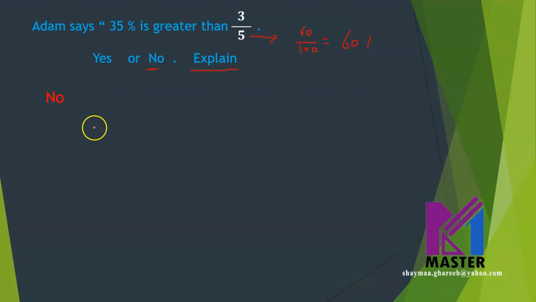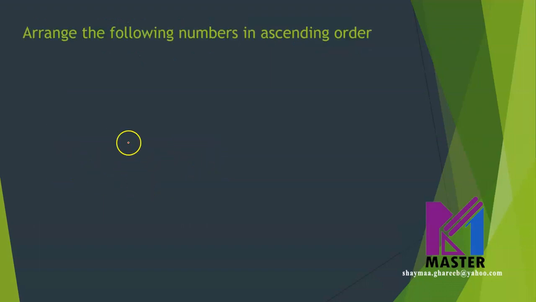So I will just say that 3/5 equals 60 over 100, which is 60%. So this sentence is enough to be the explanation for this question. Please don't use words when you answer explain questions of this type. You have to prove your answer with a mathematical fact or mathematical sentences, as you can see.